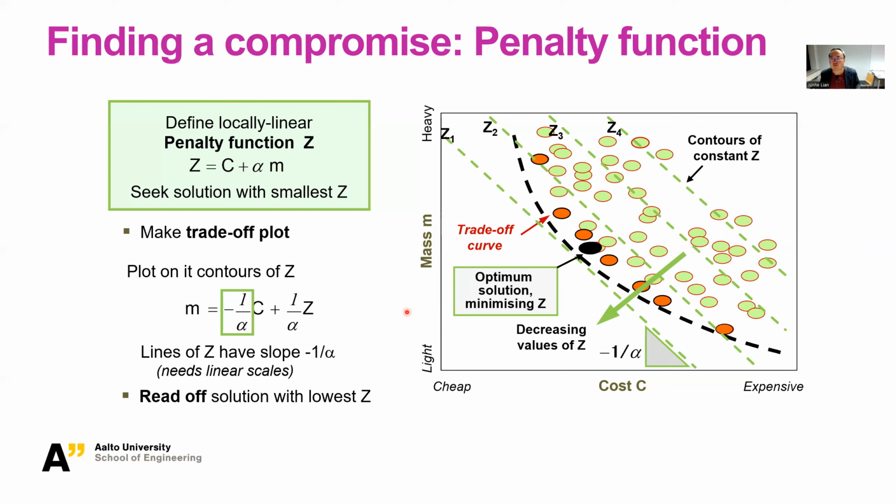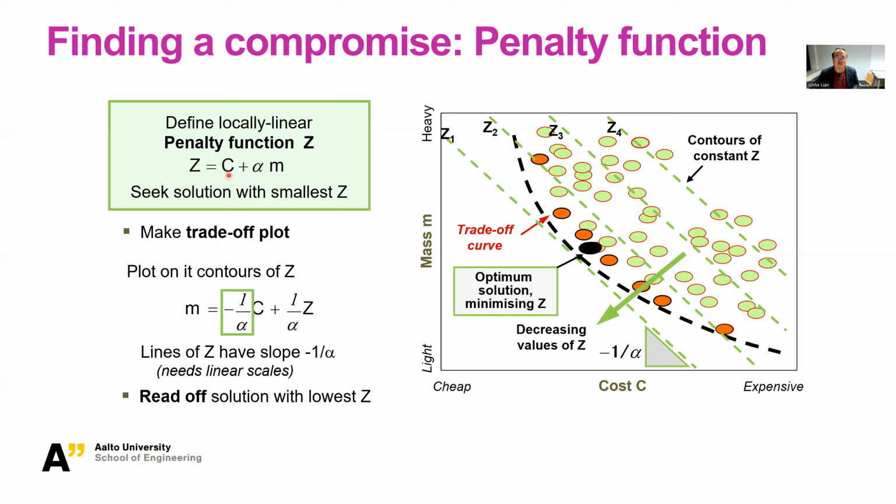Things are flexible, and that's why we try to use a rather flexible method, which is called the penalty function. So you see, we want to minimize two variables, cost and mass, at the same time. The easiest way to combine two variables is to make a linear function of them.